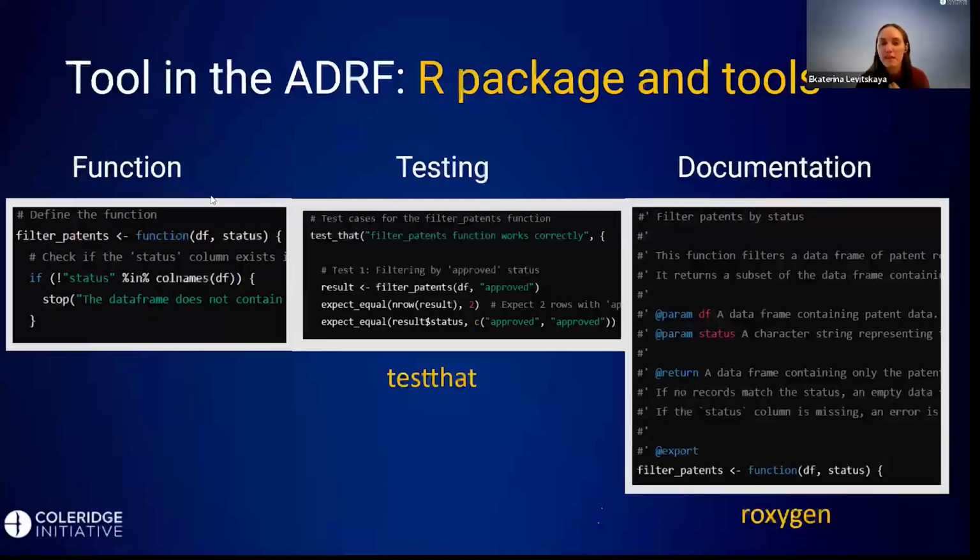We show a couple of visual examples of how tests can be created with the testthat function. And here you can see how Roxygen documentation works. You see there are pound signs here, and the @ tag is what helps Roxygen read it and automatically create the output documentation.